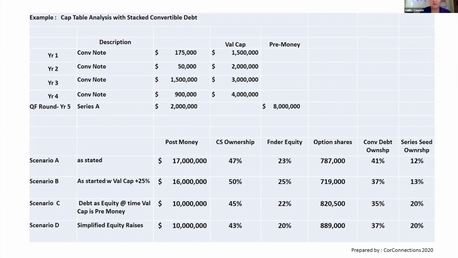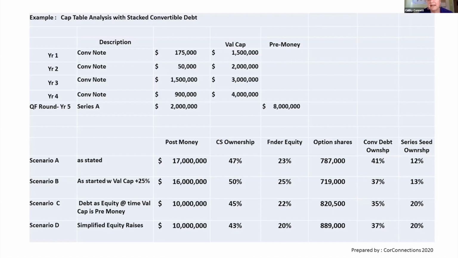So they all converted, and the valuation went from pre-money 8 million to 17 million post-money. The common stock owners still had 47% of the equity. The other thing I assumed here was always maintaining a 12% option pool, so you would have options to give to management.